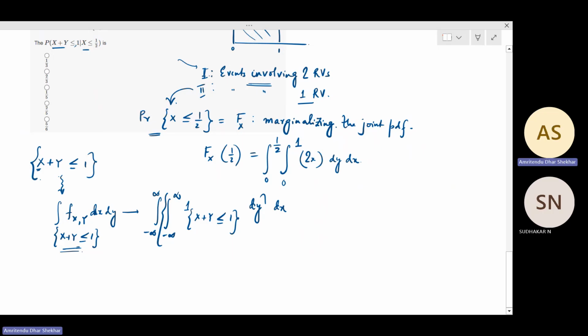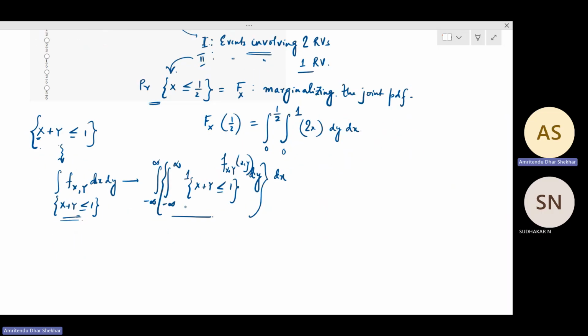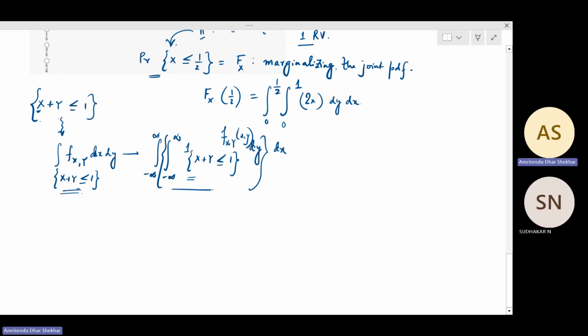So this is an indicator function, not a random variable, which is one only if this relation is satisfied, and is zero if this relation is not satisfied. So you can see that this is a nice way to represent this integral. Now, when you're solving for this inner integral, x is fixed.